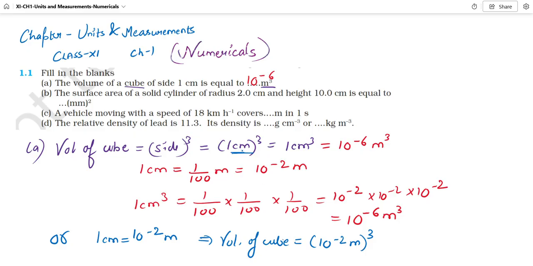Instead of putting the value in centimeter, we will directly put the side in terms of meters. So that comes out to be 10 power minus 6 meter cube. Definitely this one seems to be a bit easier. But the steps that I have shown are essential to know, when you convert centimeter cube or centimeter square into meter cube or conversions of this sort, then you have to multiply in this form.